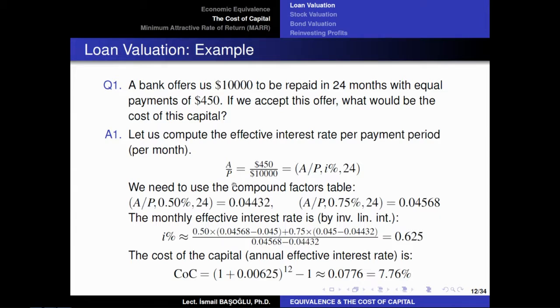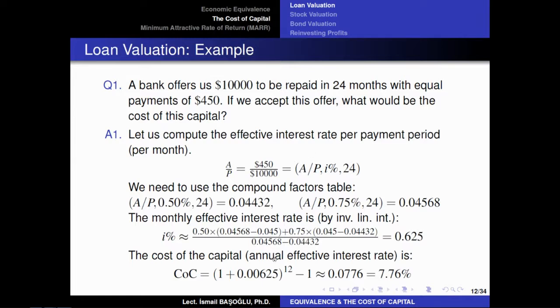Therefore, the corresponding interest rate that creates this equivalence is 0.625 as a percentage. This is the monthly effective interest rate that creates an equivalence between $10,000 and $450 of monthly paid installments for 24 months.